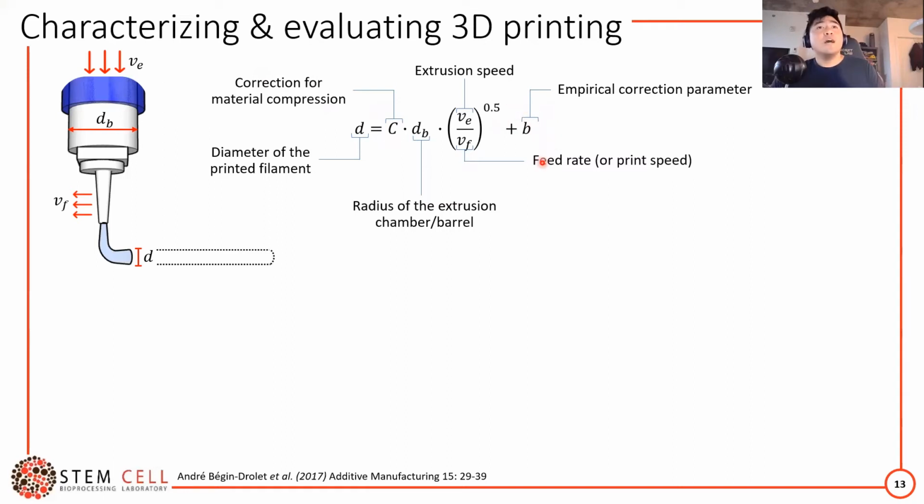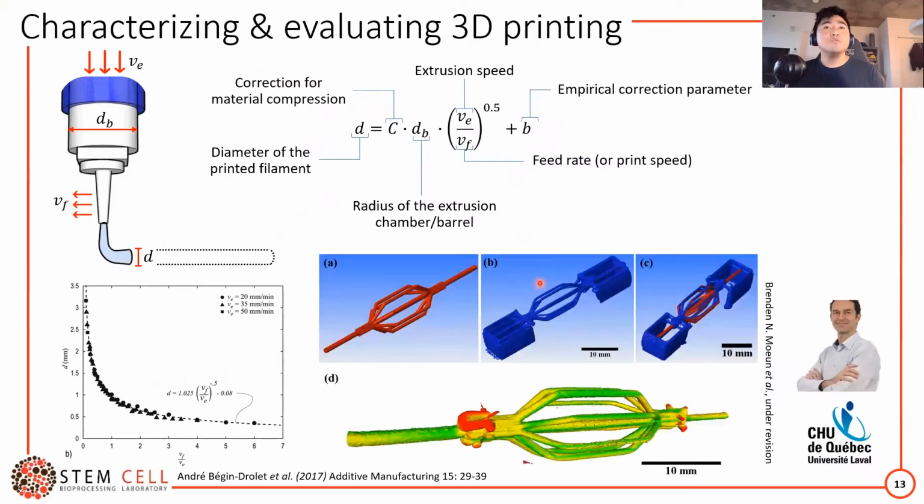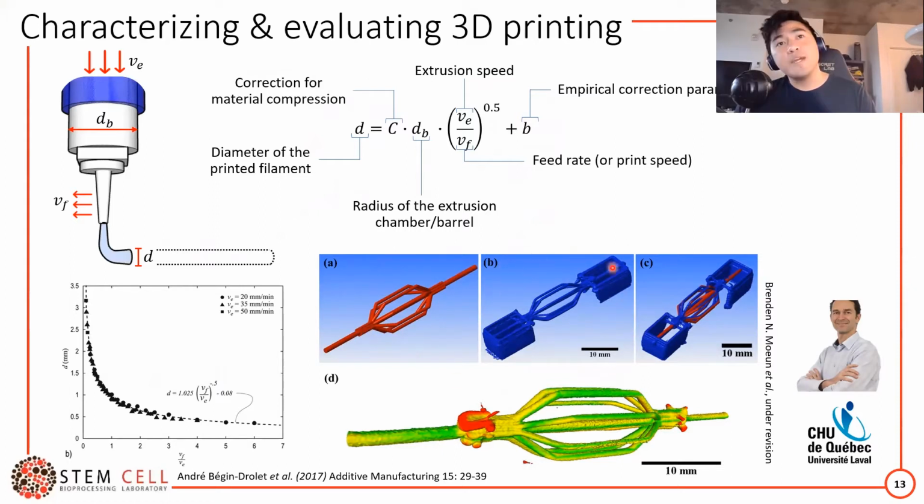In order to be able to print what we wanted from the sugar, we created a relationship of the printing parameters to the resulting print diameter based on this model. You can see that it follows very closely this mass transport theory. In order to evaluate how accurate our print was, we used micro CT to compare a CAD model, which is what you see in red, with what we ended up printing, a 3D scan of it in blue.